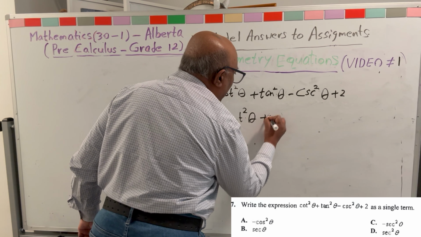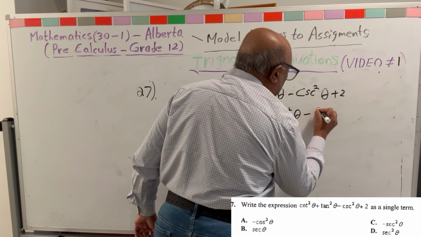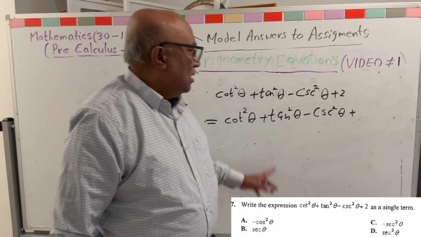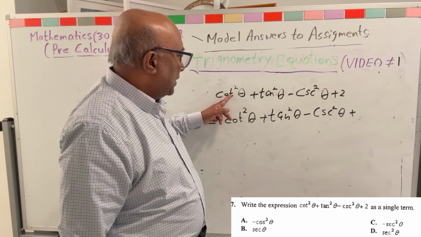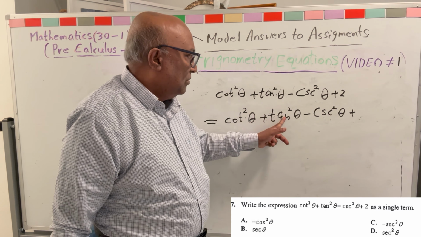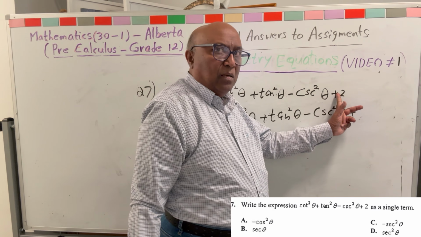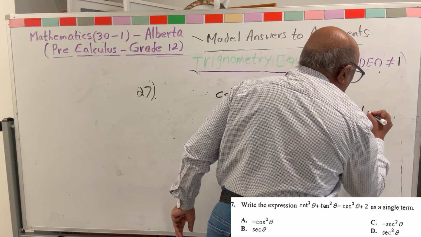That is one way of doing. I wrote these two terms as they are. I wrote these three terms as they are. But I will use a little trick about the 2. Instead of 2, I would write 1 plus 1.